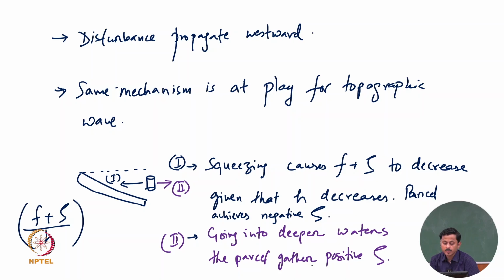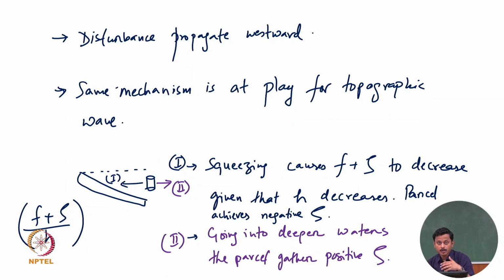In the second case, if we are going out of the shallower water into the deeper ocean, it gathers a positive zeta. This is analogous, because if you perturb a portion of a wave into shallower regions and a portion into the deeper ocean, the potential vorticity will have to be conserved, and because readjustment is needed, circulation is generated, as we saw here.